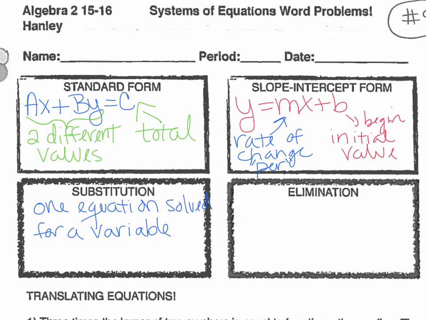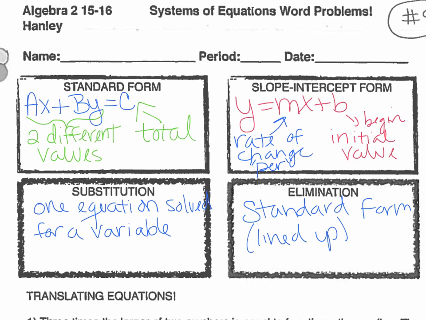You would use elimination. So you want to use that when your equations are in standard form. And all that really means is that they're lined up. So the x's are above the x's, the y's are above the y's, the equal signs line up, and the constants line up. And once you've figured that out, then you can actually go ahead and solve your problems.